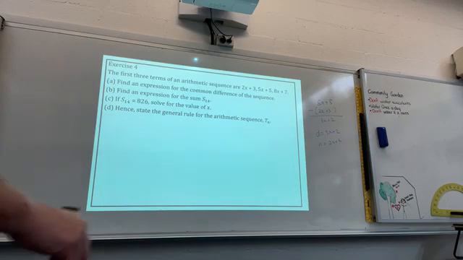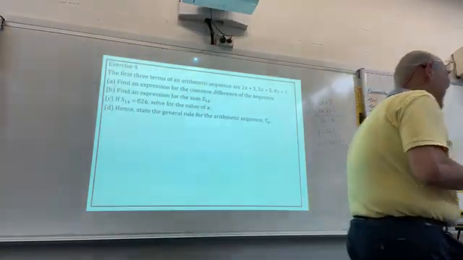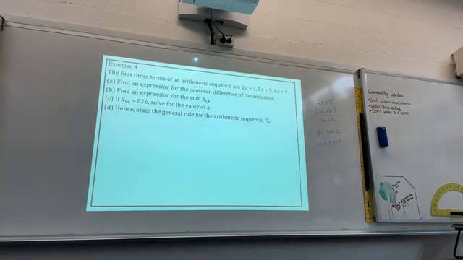If you include the x, you know that the d is 3x plus 2. It's equations for you to solve. You have to derive an expression as well.